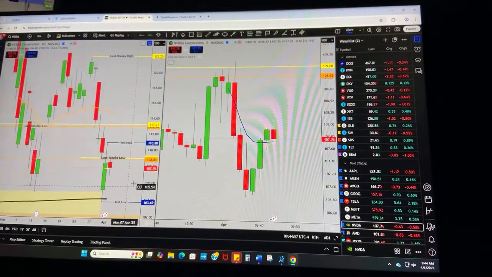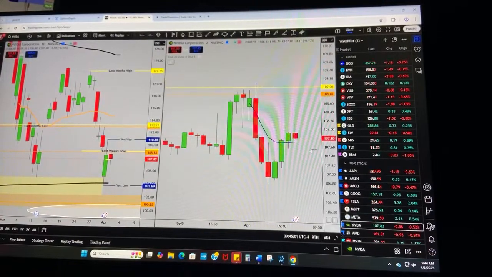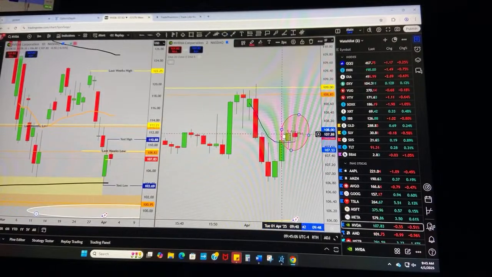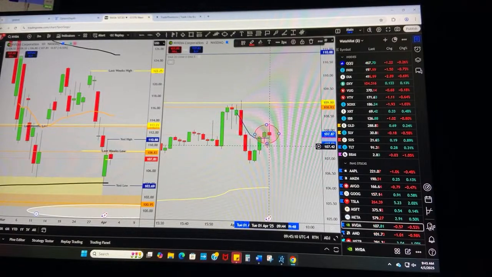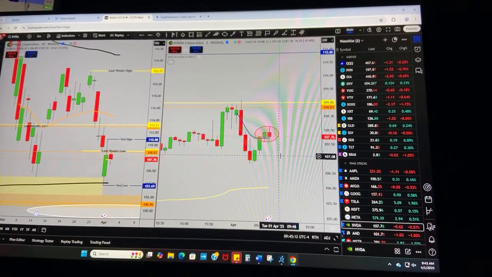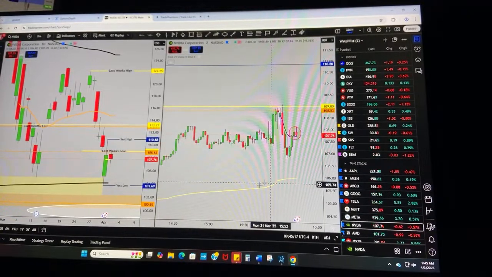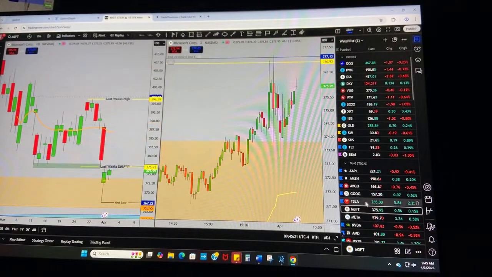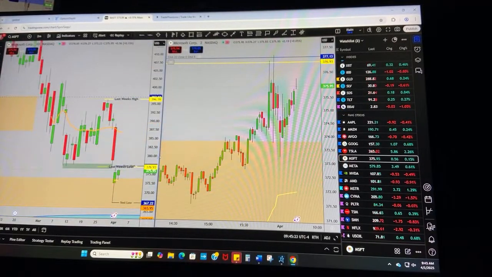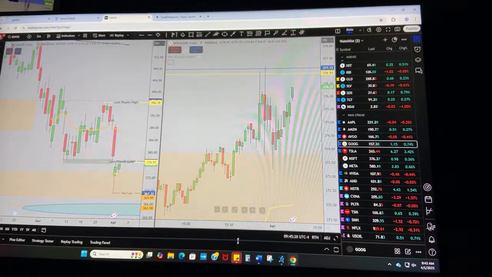It's on its kind of VWAP here, so I just gotta be patient with it. Google, new high.